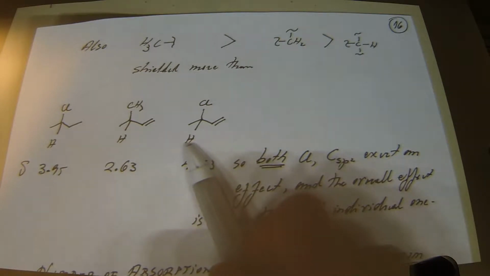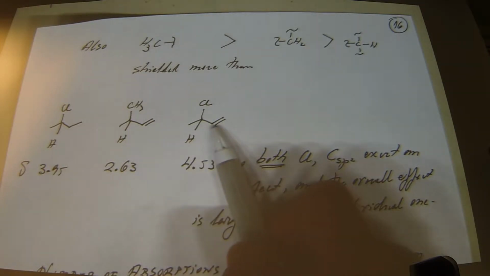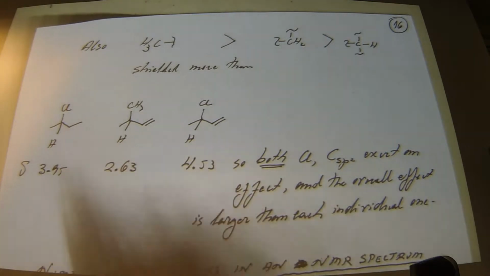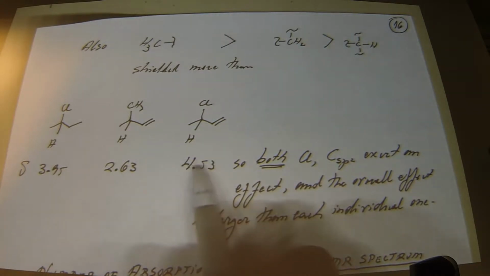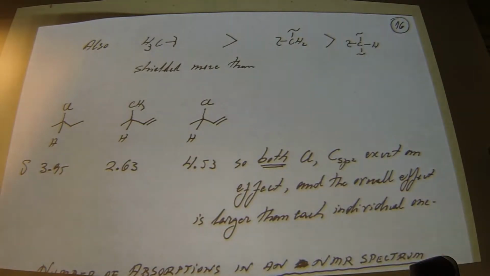Now, why should that be? Why should the sp2 hybridized carbon, versus sp3, induce the signal of the proton to show up at a higher shift? Why is it electron withdrawing? Well, because it has more s character, right? The s orbitals are close to the nucleus, and so on. You've heard this all before.